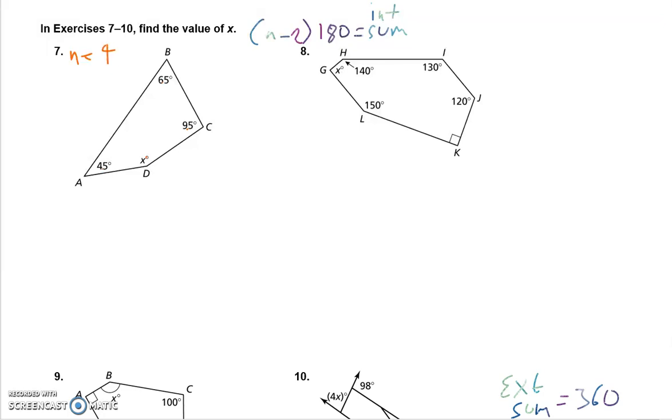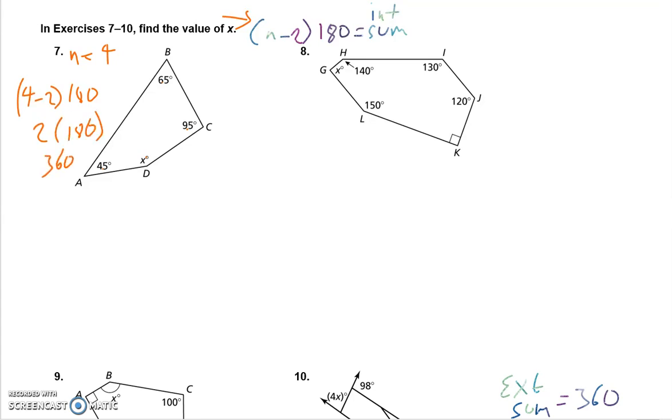So it's 4 minus 2 times 180, so that's 2 times 180, which is 360.